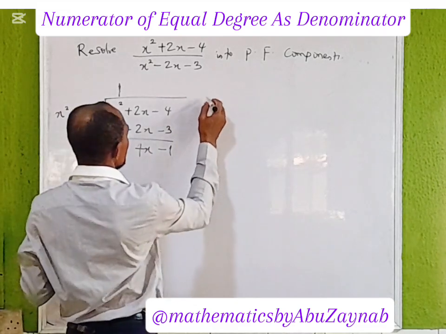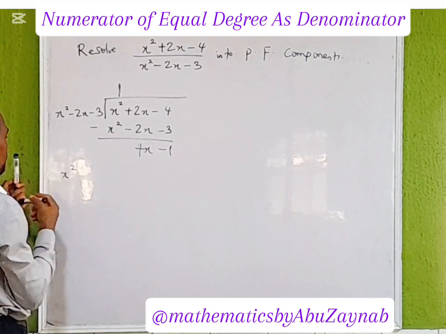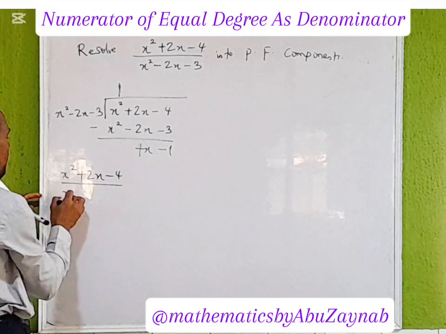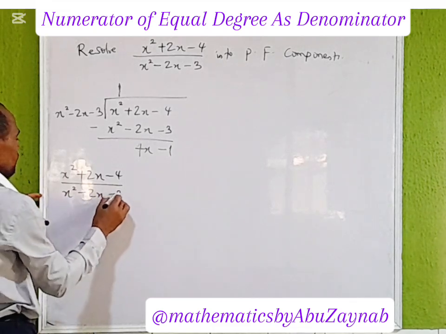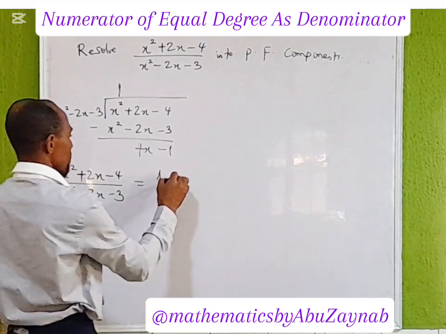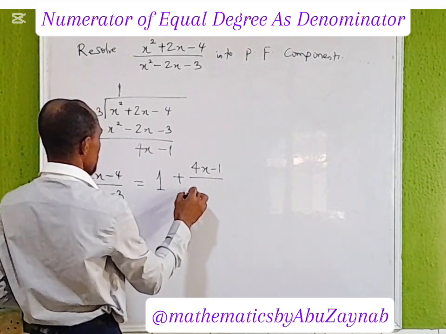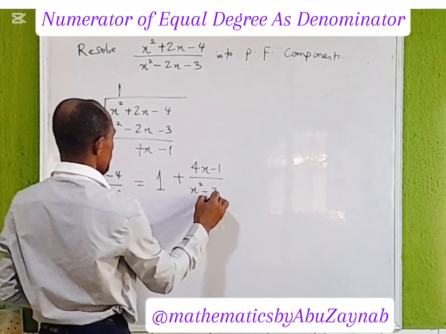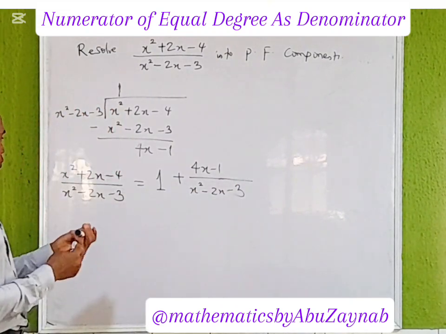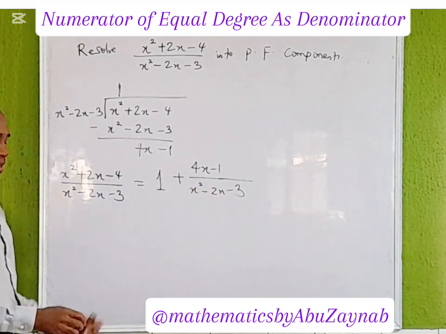So tentatively we are saying that x squared plus 2x minus 4 over x squared minus 2x minus 3 is equal to the quotient, that's the whole number 1, plus the remainder, 4x minus 1 over the divisor, x squared minus 2x minus 3. So we have been able to resolve this as the first step into this part.